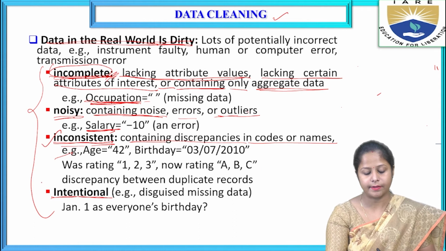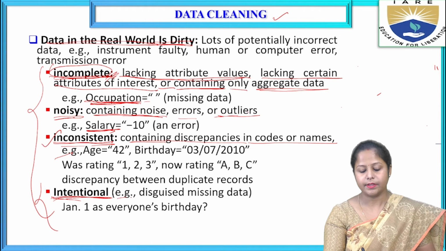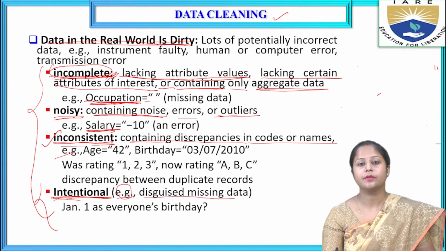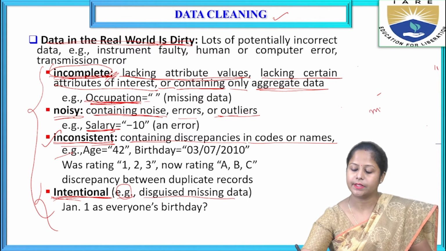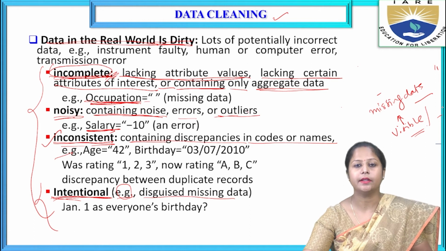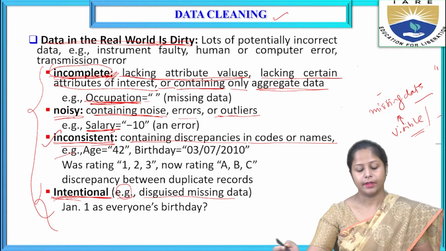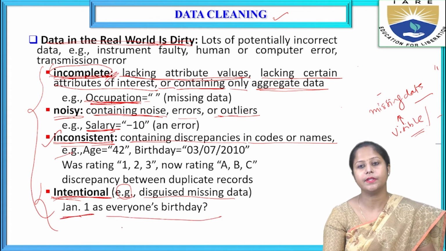Next is intentional data. What is this type of data? Disguised missing data. If some missing data is there in our data that is not visible to us in any form, it comes under intentional data. For example, January 1 as everyone's birthday.